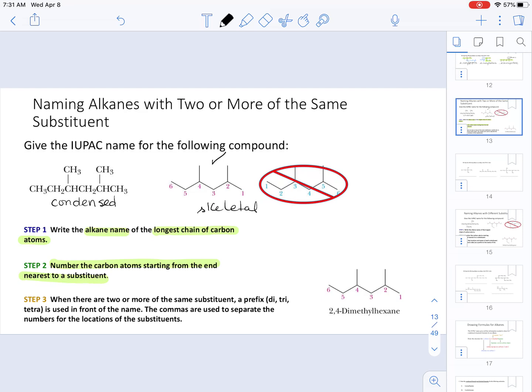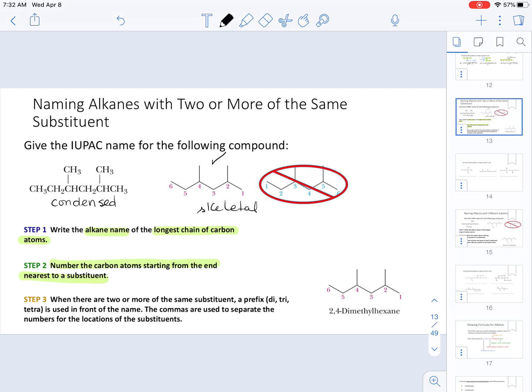On step 3, when there are 2 or more of the same substituents, a prefix of di, tri, or tetra is used in front of that substituent name. Then, we have to give the location for each one of those substituents, and we have to separate them by using a comma.